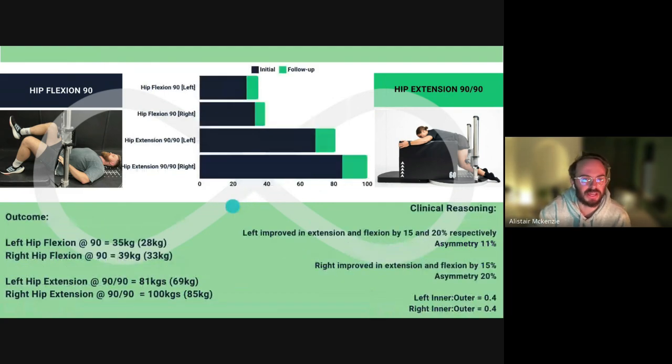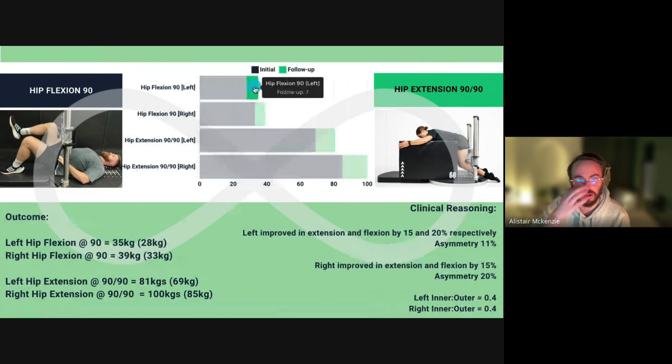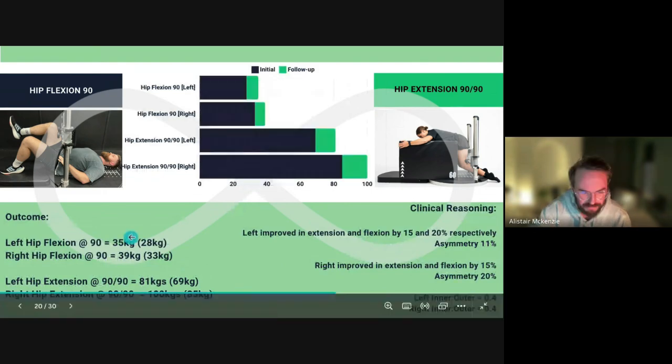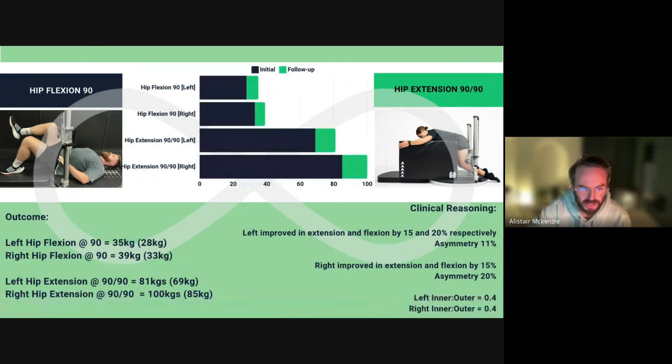So if we monitor that then, and this green is our follow-up at the end of our first stage, there's an improvement generally in the left hip flexion over the right. And there's an improvement again in both hip extension torques. So down here, hip flexion increased from 28 to 35 kilos.